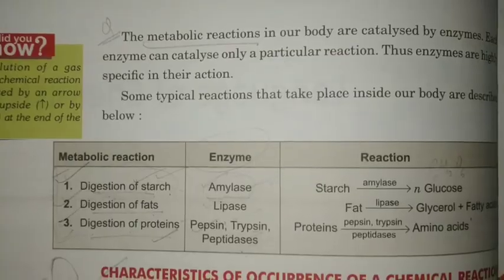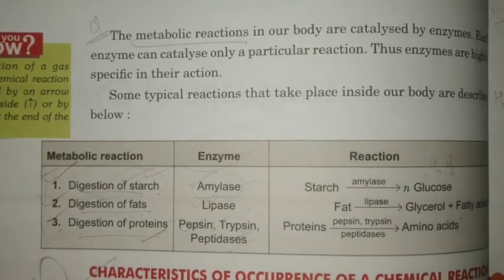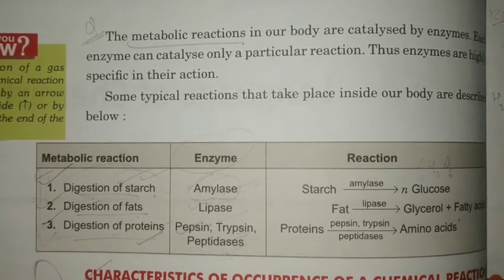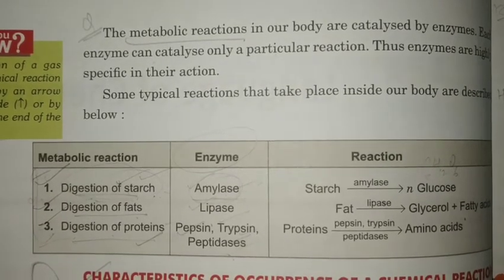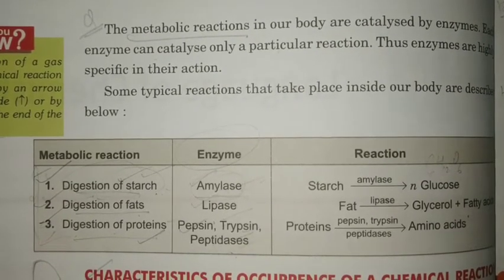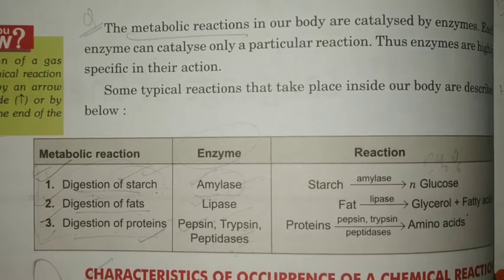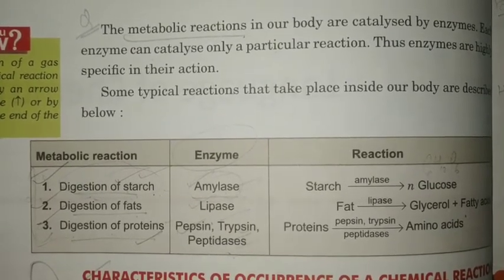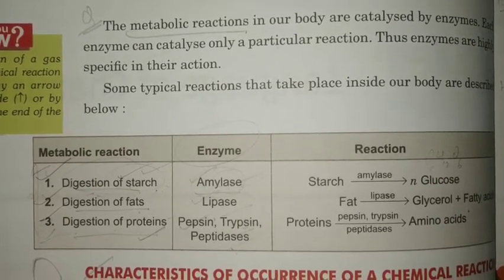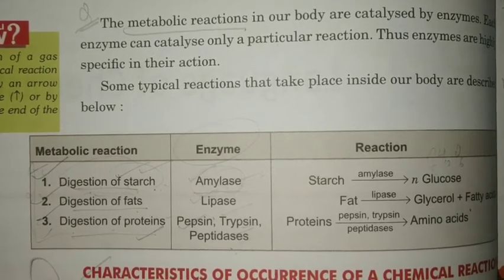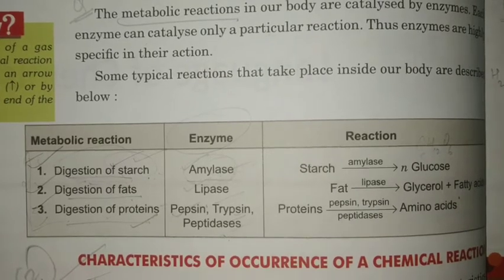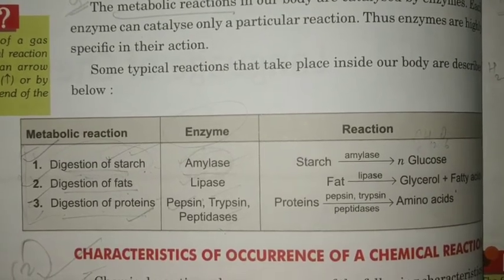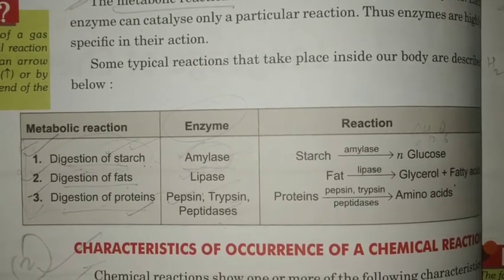Now, all the metabolic reactions in our body are catalyzed by enzymes. So what are these enzymes? An enzyme can catalyze only a particular reaction. So these enzymes are highly specific in their action. Some examples of reactions which take place in our body are given here.